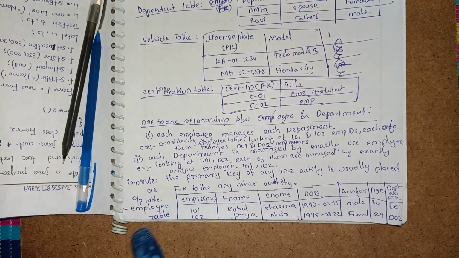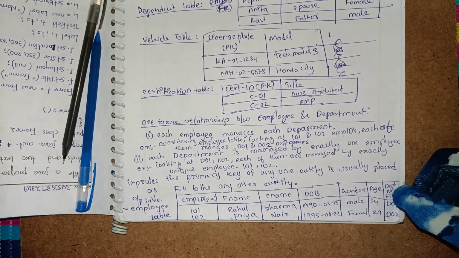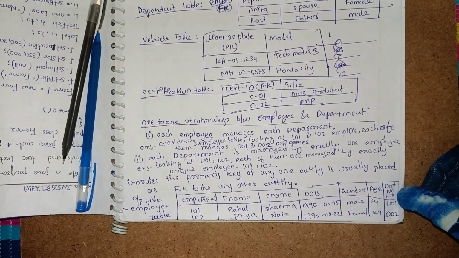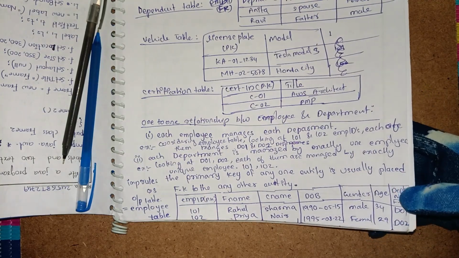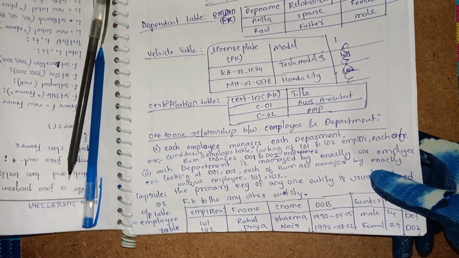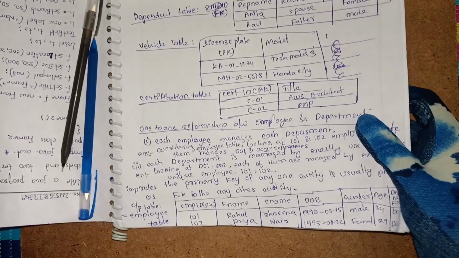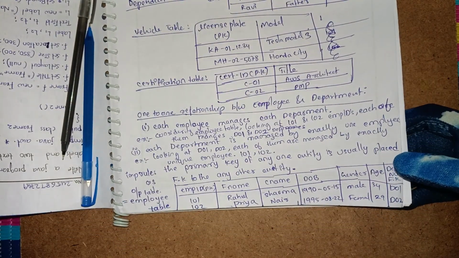Here the output table is the employee table. In this we have inserted the department number primary key as a foreign key of the department table. This foreign key should not be repeated.